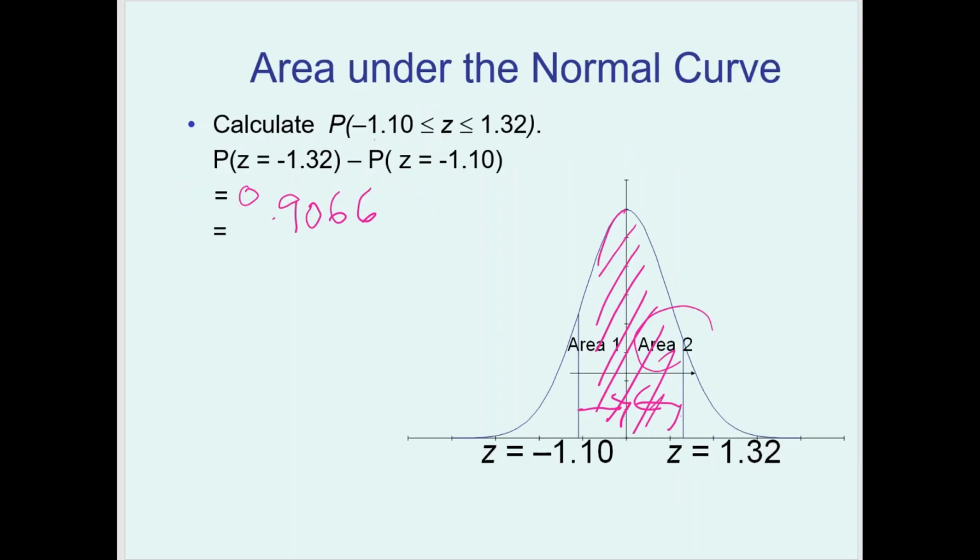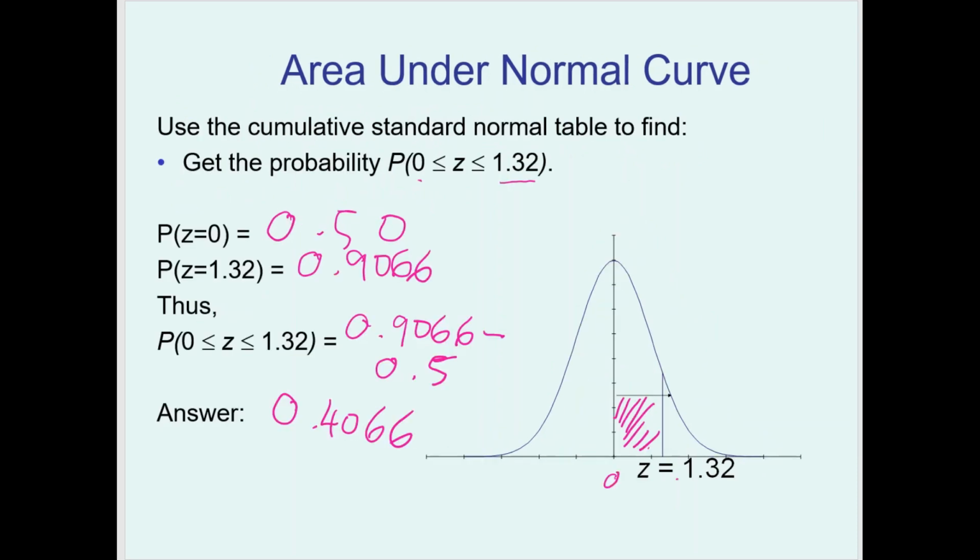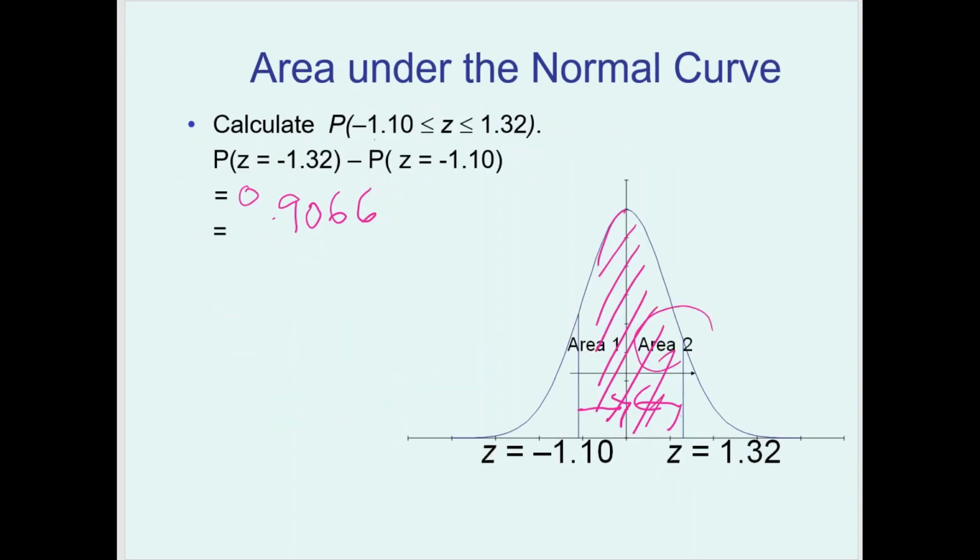Sorry, this is the probability of z equals negative 1.1, but in this question it is more than. So your answer just now is 0.8643, and you should subtract this from 1 in order to get the probability of z less than negative 1.1.